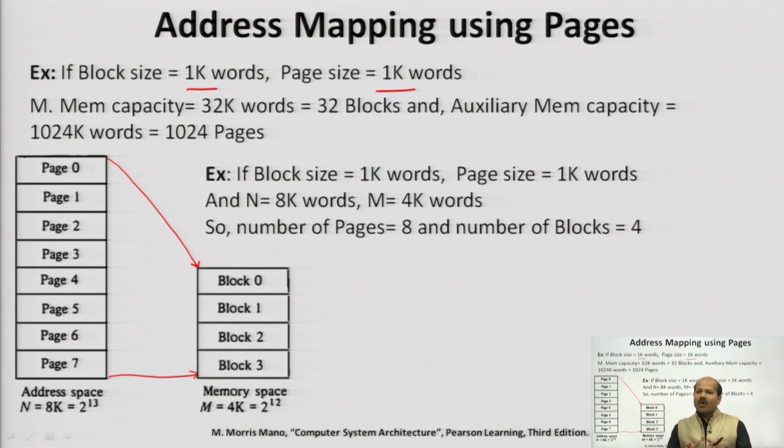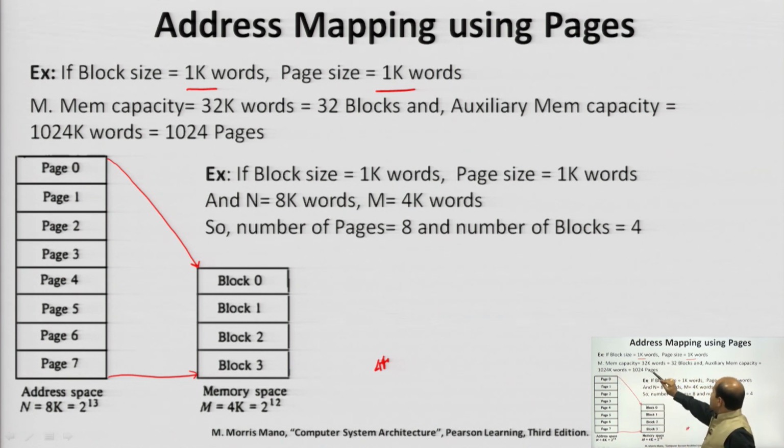So, the block size must be equal to the page size, because whenever a page is referenced by the processor, that page must be available in main memory. If the sizes differ, that page cannot be stored in the specified block of main memory, and page replacement would not be possible or would be very difficult. So, page size and block size will be the same.